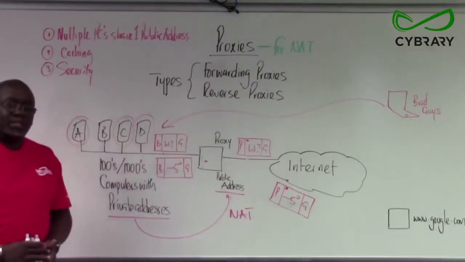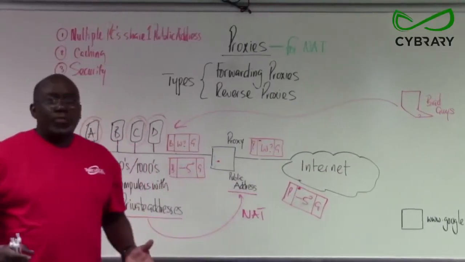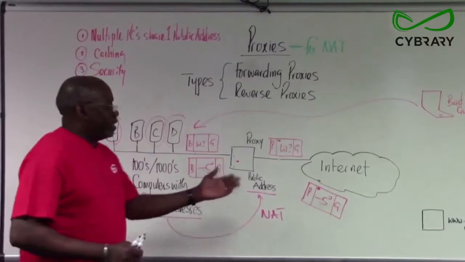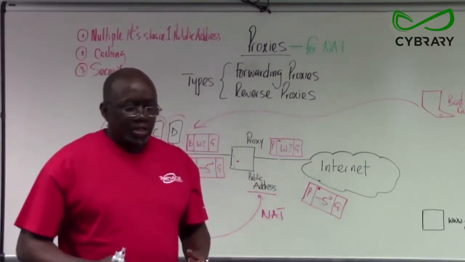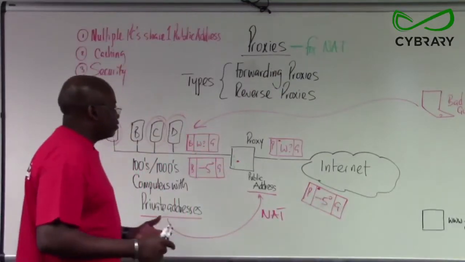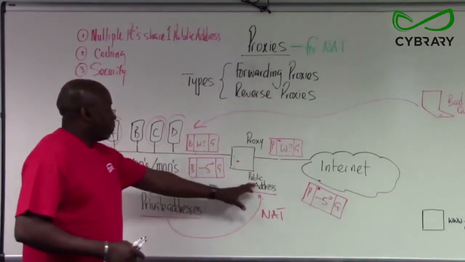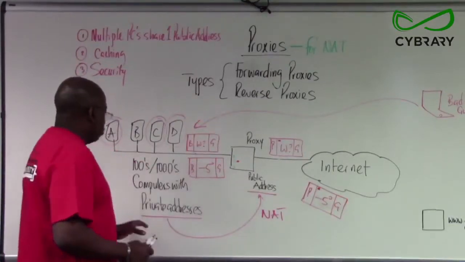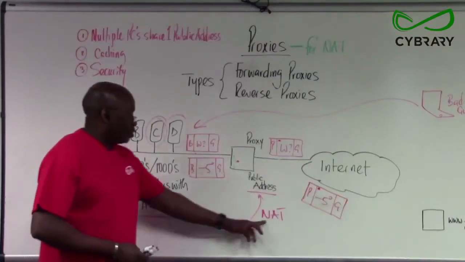Network address translation allows us to preserve the use of IPv4 public addresses. The public addresses were starting to run out at the rate at which they were being used, so the IANA had to come up with a strategy for organizations to share public addresses using a proxy to achieve network address translation.